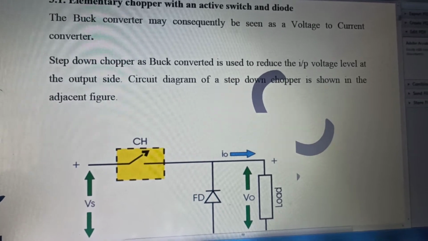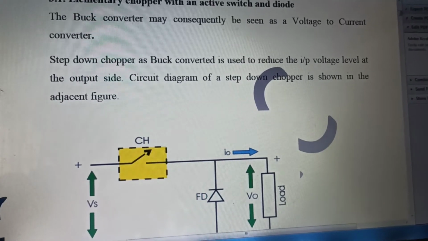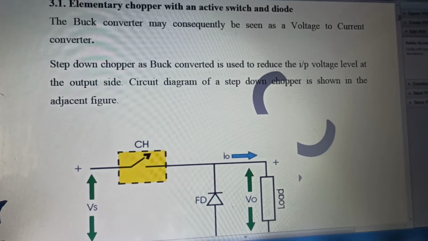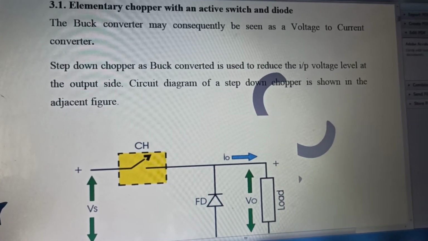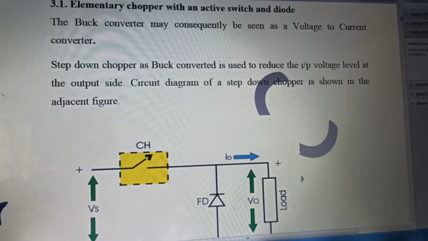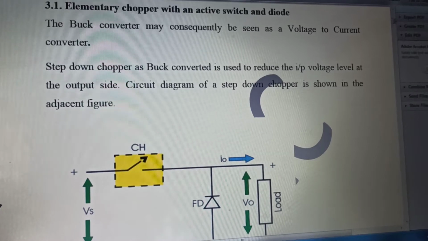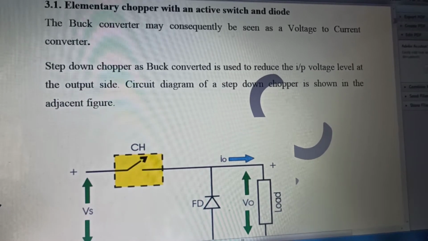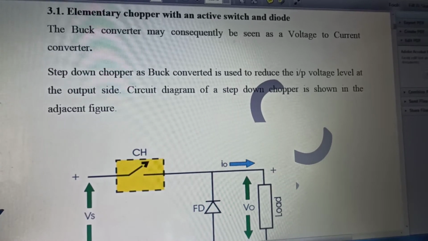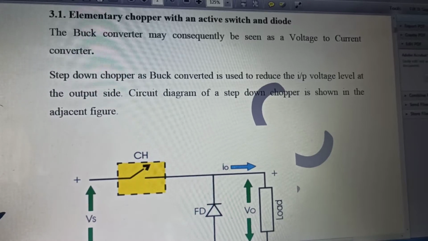For example, let us take the input voltage as 100 volt, and suppose the switch remains on for 60% of the duty ratio. So for 60% of the total time T, the power will be transferred, and the voltage at the load end will be 100 volt. We can think that for 6 seconds the voltage is 100 volt.